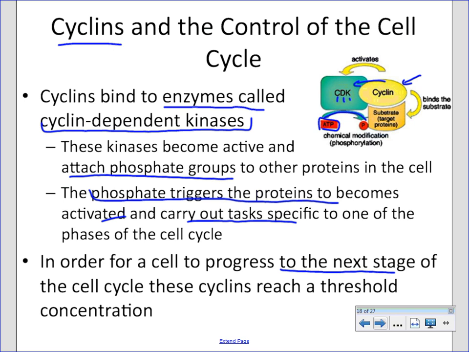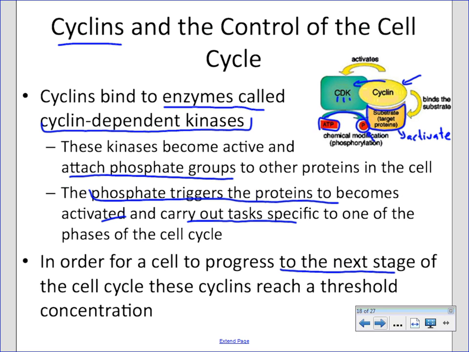So it'll cleave one of those phosphate groups and attach that phosphate onto another target protein. That phosphate becoming attached to that protein will now activate, or essentially turn on, this protein to allow it to perform a specific function within the cell.